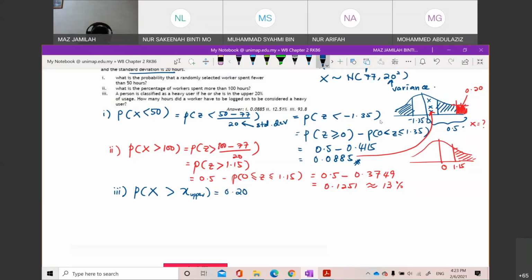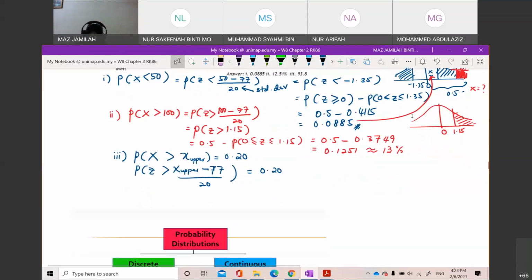Transform into Z: P(Z greater than (X upper minus 77) divided by 20) equal to 0.20.